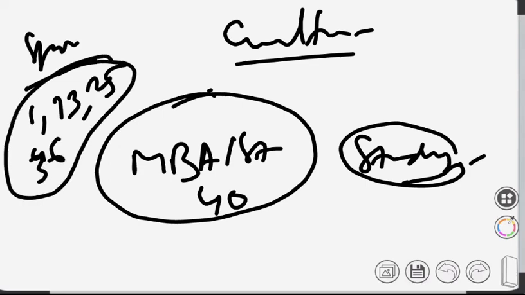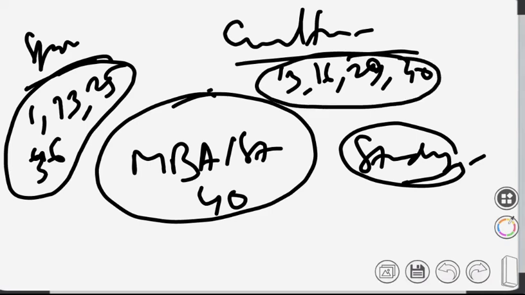Then for the cultural committee, I choose again from all of them, say 13, 16, 25, 29, and 40. So this is with replacement, because I can choose roll number 13 again for the cultural committee.